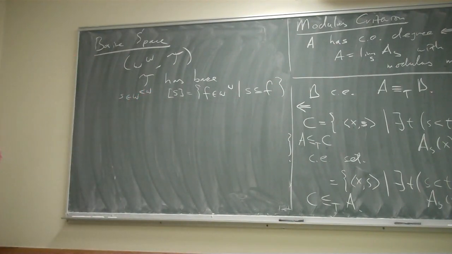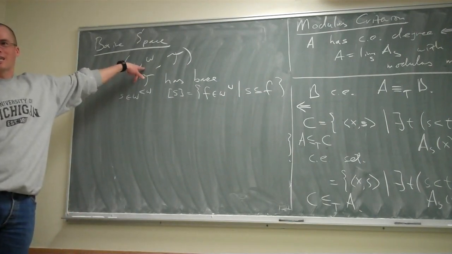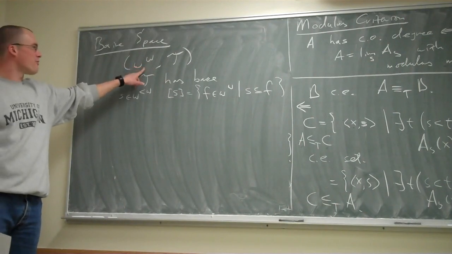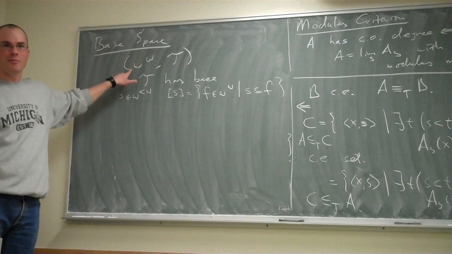Now, as I wrote that, I realized that three quarters to a half of the notations I write down for the first time, I'm not sure if I said what they are before. Omega to the omega, this exponential notation is just a nice brief notation for the set of functions with domain omega and range omega.